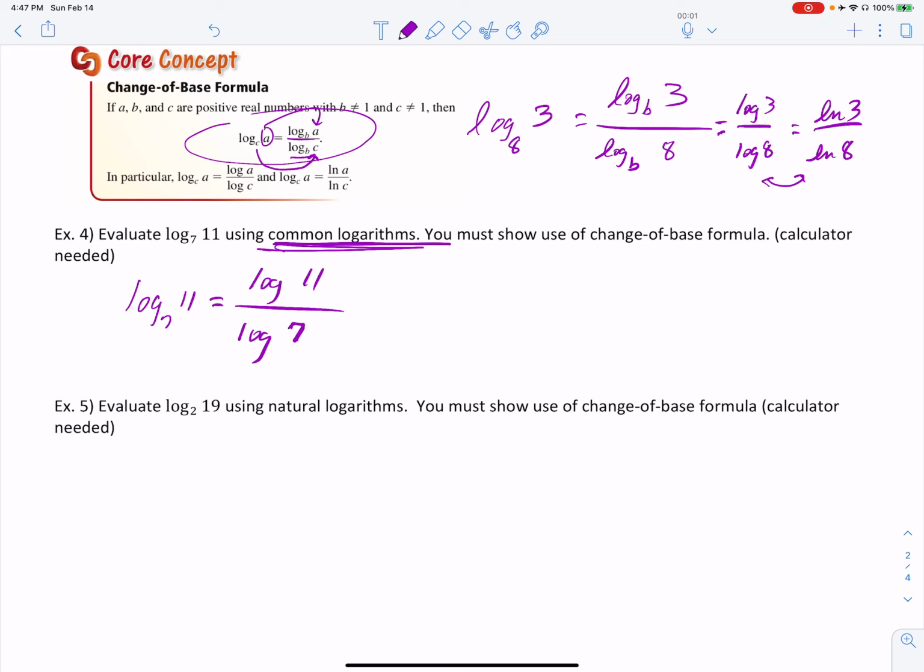The base of the original becomes the argument of the denominator. So now you can put this in your calculator, log base 10 of 11 divided by log base 10 of 7, and see what you get. And to 3 decimal places, this is approximately 1.232.